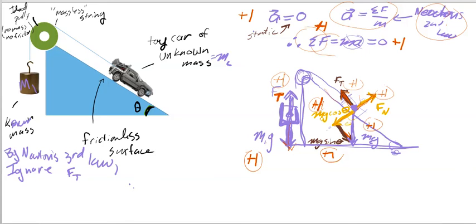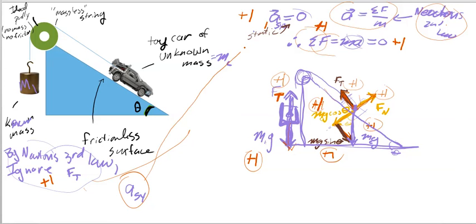You could also have called this system. If you indicated that your system is not accelerating, that would be fine, but it's good to have Newton's third law. So give yourself a point if you put this, or if you had a system. Either this or system equals 0.